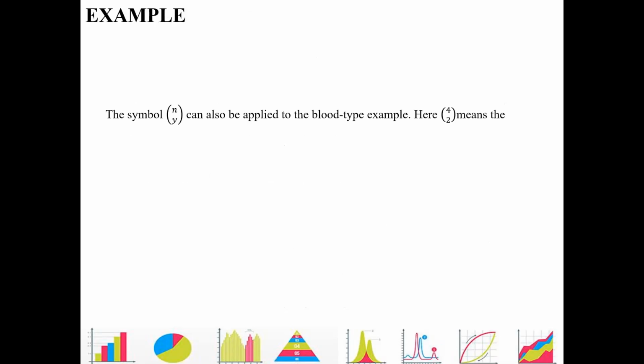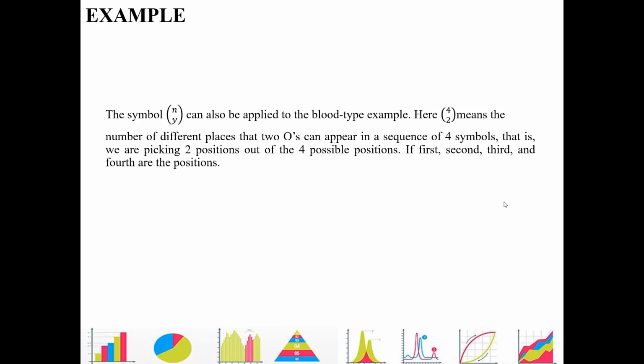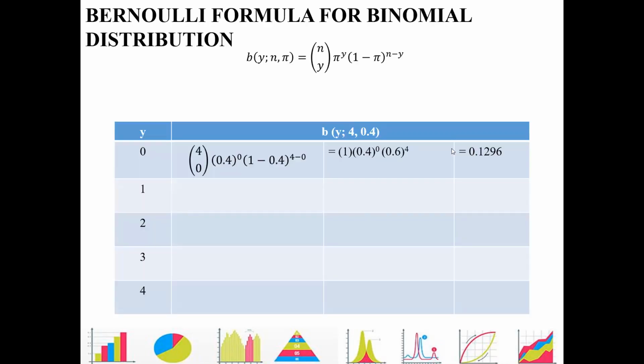Doon sa kanina example, meron tayong 4 patients, and then we have 2 outcomes, which is O and not O. So we can denote that as 4 of 2. The symbol n y can be applied to the blood type example. So the number of different places that 2 can appear in a sequence of 4 symbols, taken 2 positions out of the 4 possible positions. If first, second, third, fourth ang position, then ito ang natin.